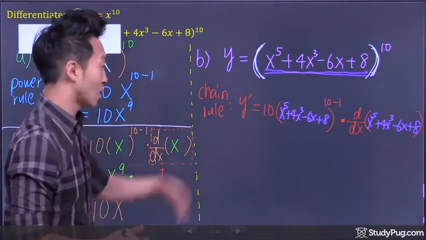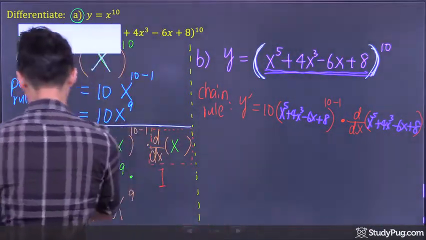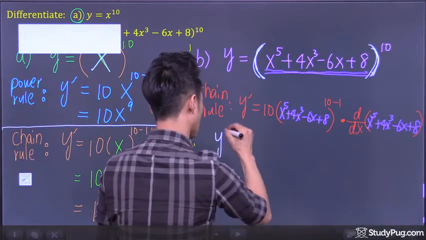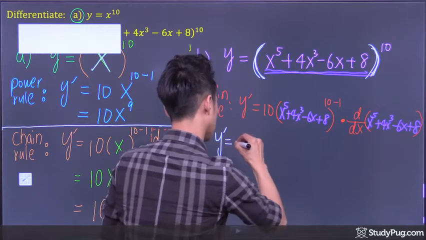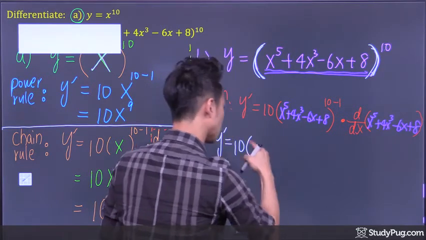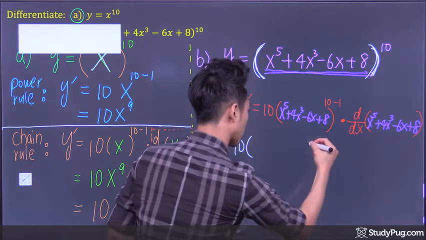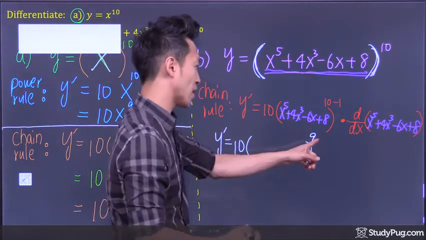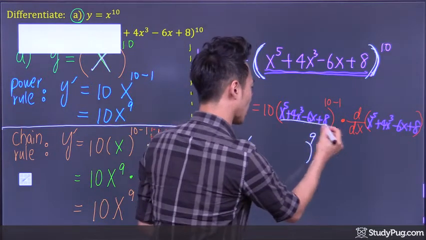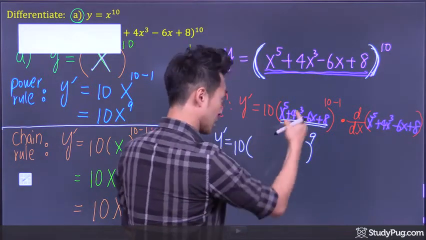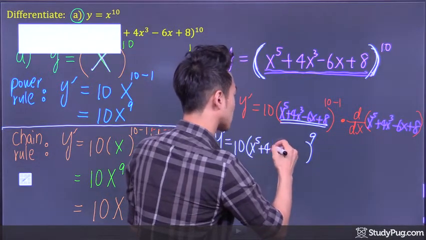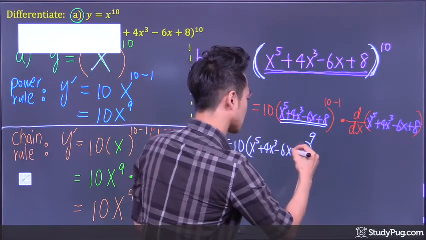Now the rest is easy, right? So now we just have to clean things up. So y prime is equal to 10 times bracket to the power of 10 minus 1. That's the exponent now is 9, right? And inside the bracket, we have this guy. So just copy the same thing down here. So x to the power of 5 plus 4x cubed minus 6x plus 8.